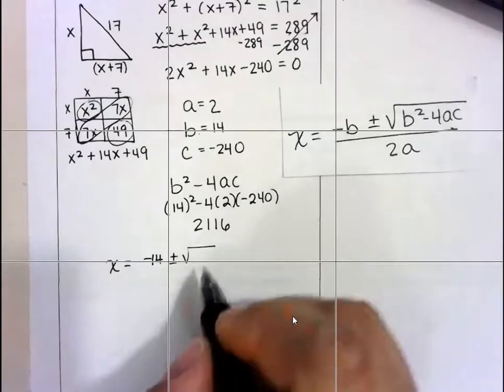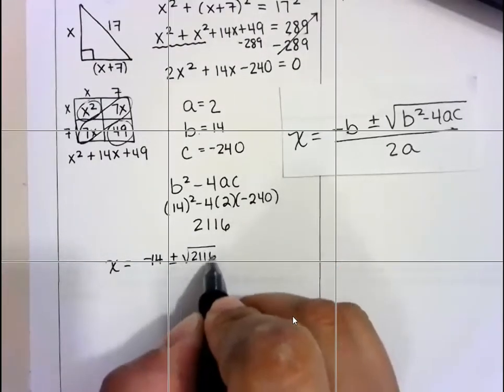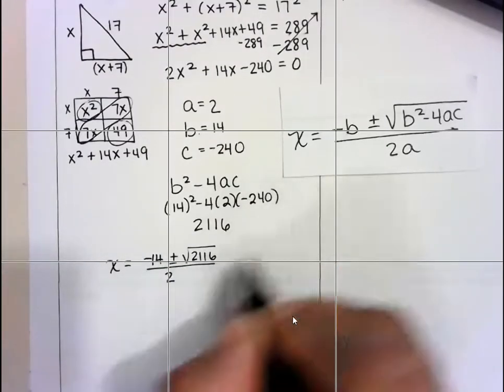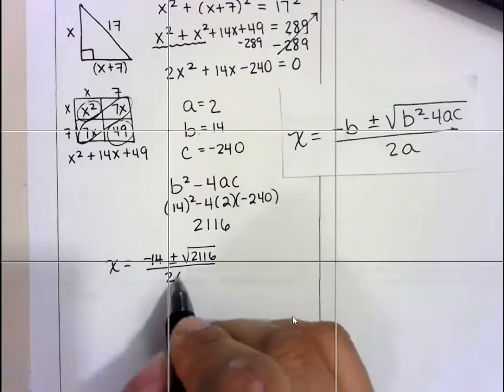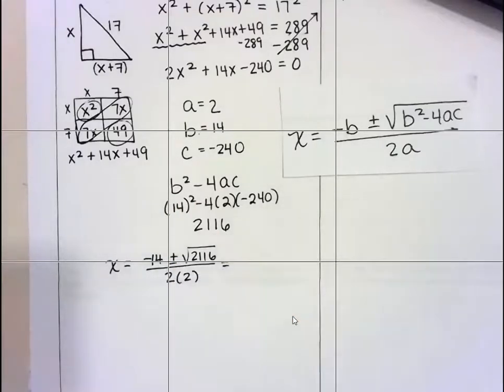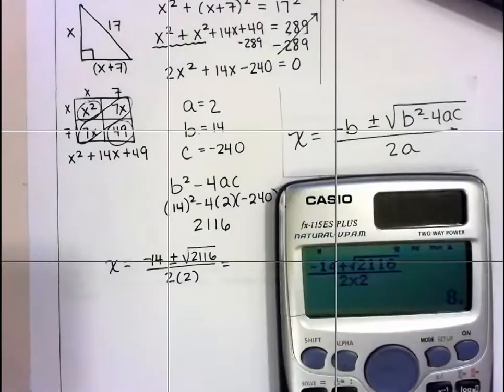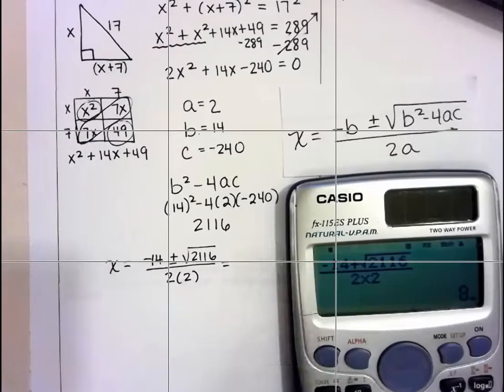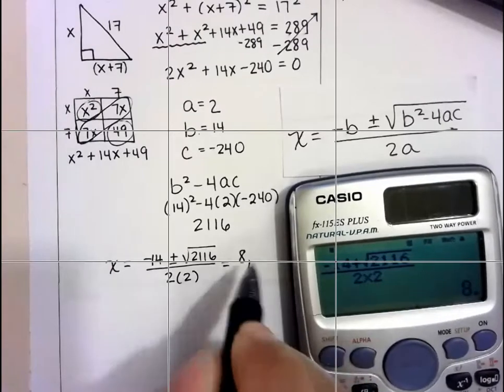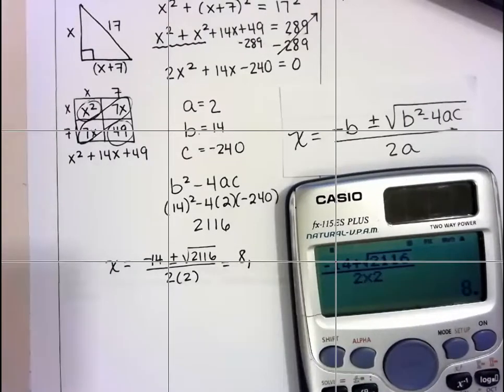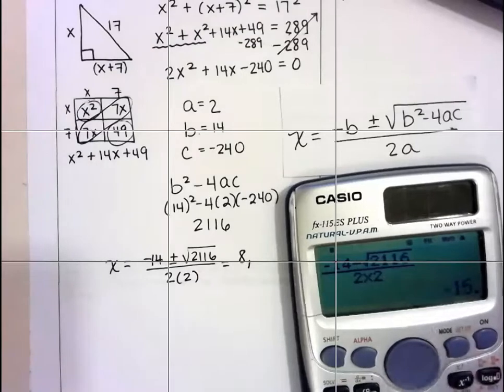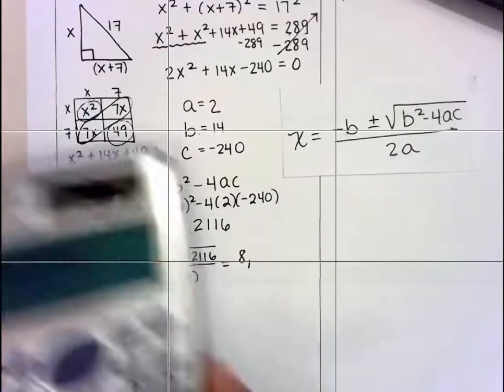My discriminant is 2116 over 2 times a, and my a is 2. We type that into the calculator. We get an 8, and if we use the minus sign instead, we get a negative 15.